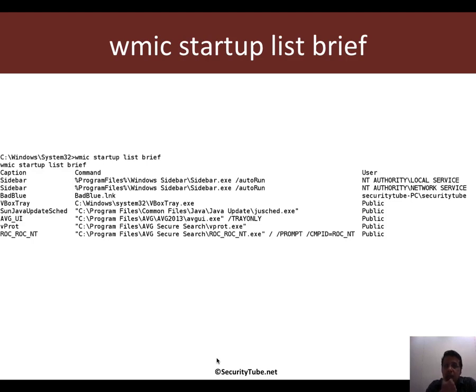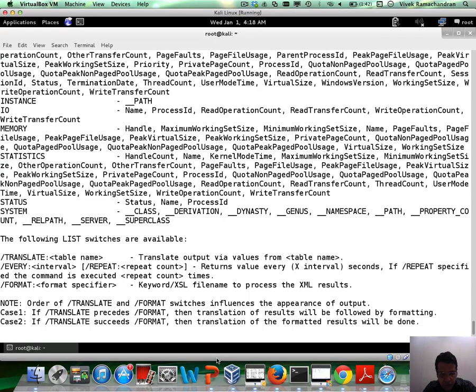Now, one of the other interesting things from a pen testing perspective is to look at the list of all programs which would run at startup. So WMIC allows you to do a WMIC startup list brief.